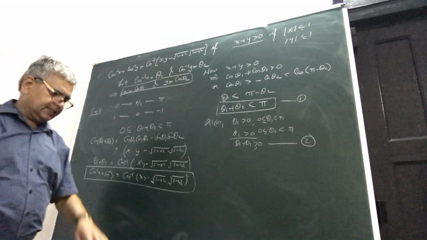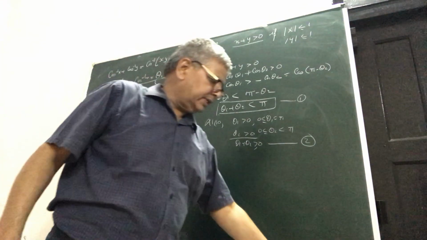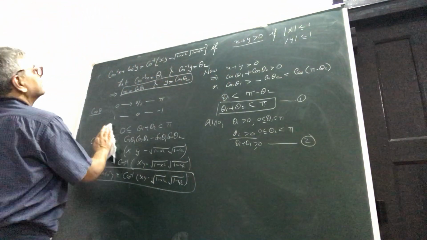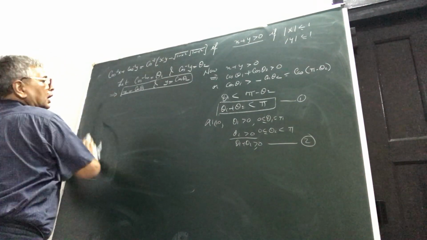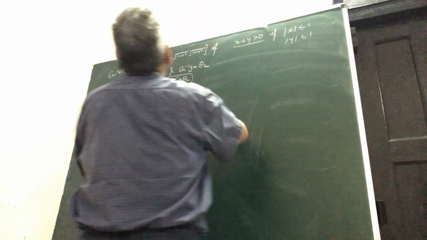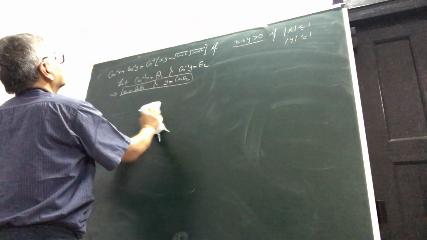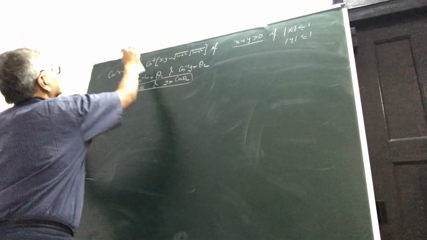Now the second part here is important. I will quickly prove it because then there will be completion of all the properties here. So what is the property now?